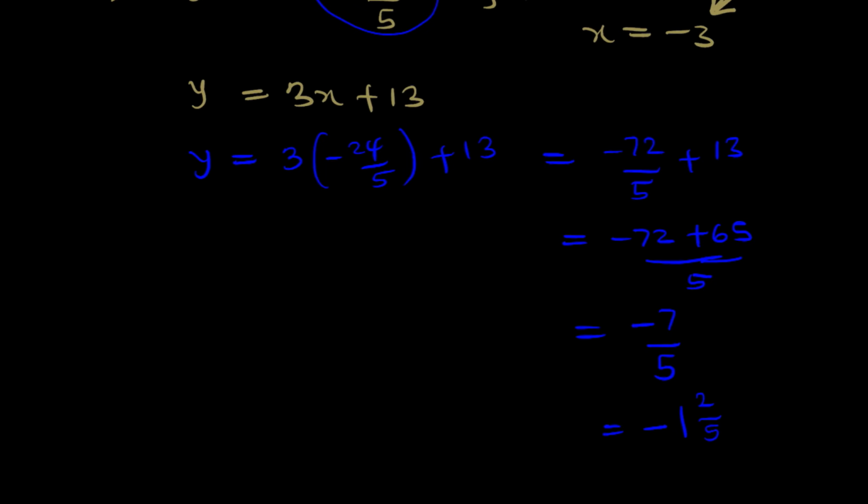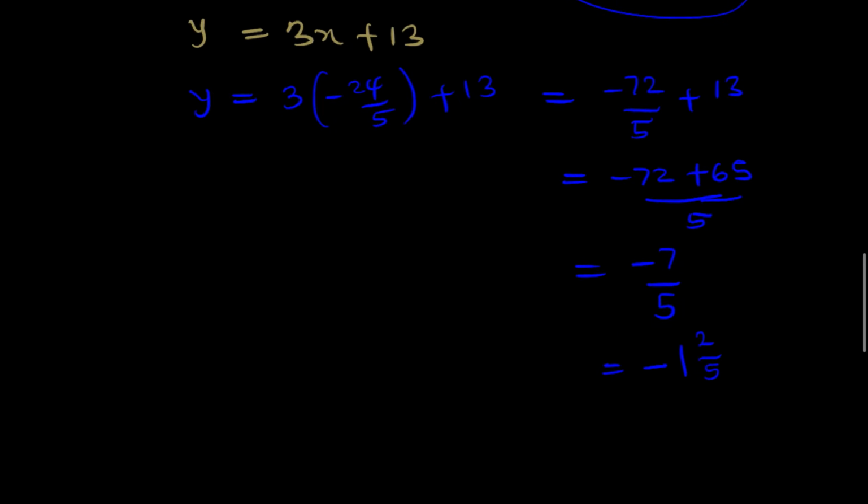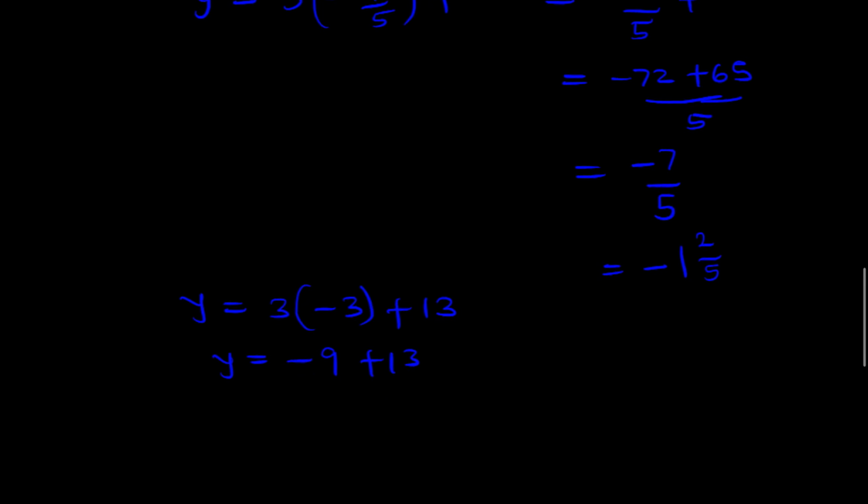And then when x is minus 3, I'll do the same thing. y is equal to 3 into minus 3 plus 13. y is equal to negative 9 plus 13, which will give me y is equal to 4.